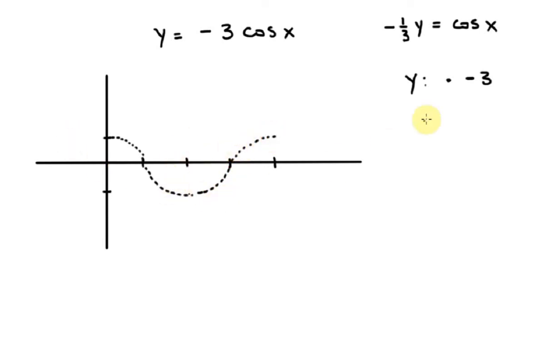That's the original. What we now want to do is take all the y values of these points and multiply them by negative 3. The original y value at this point was 1. Now I've got to multiply it by negative 3, so it's going to be down here. The y value of this point is 0, and it's not going to change. The y value of this point originally was negative 1. When I multiply it by negative 3, it's now up at positive 3. Then this point, with a y value of 0, stays as 0.